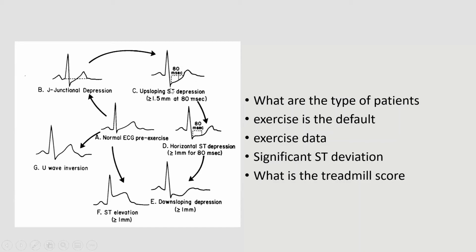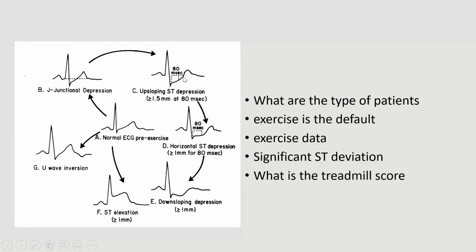Morphology is like this one here. This is called upsloping. You see, it is depressed, but depressed in an upsloping fashion. If you compare it with this one, it is horizontal. Compare it with this one, it is downsloping. So I have upsloping, horizontal, downsloping. These are different morphologies.